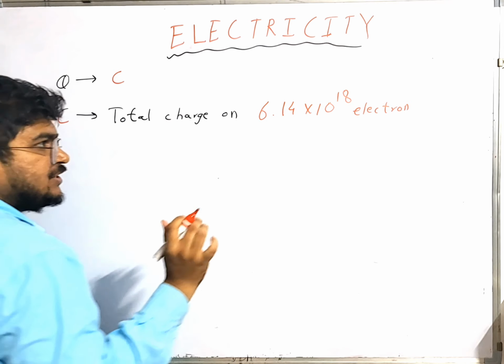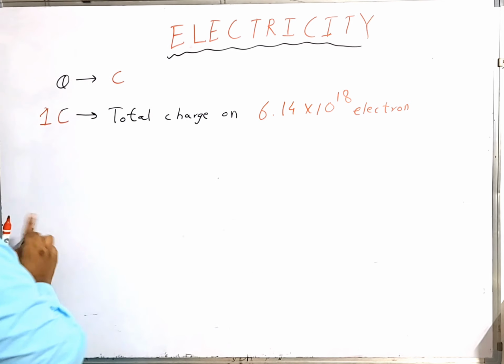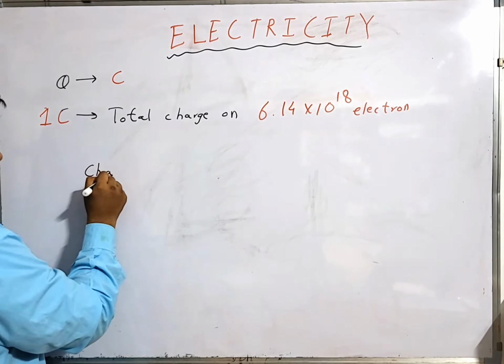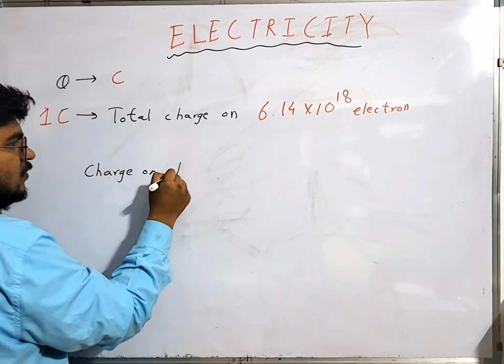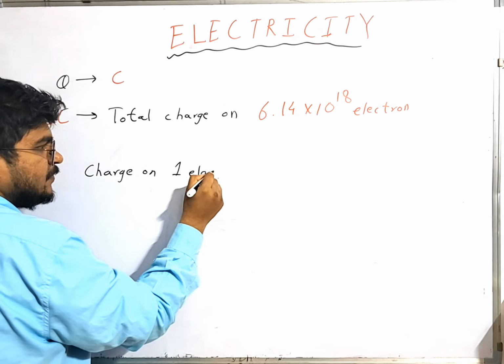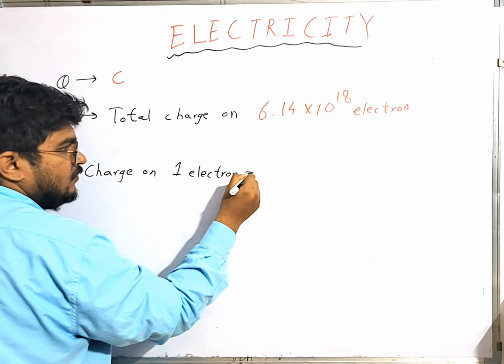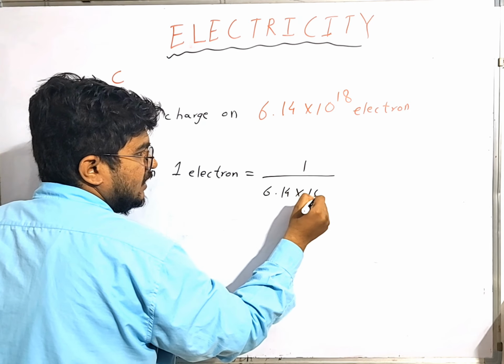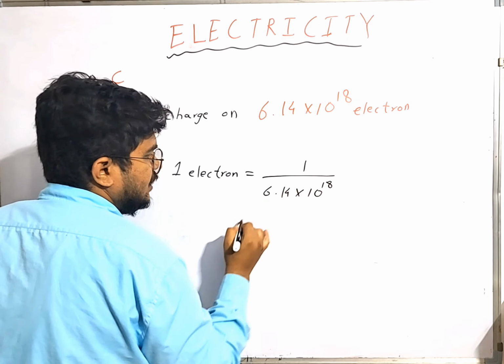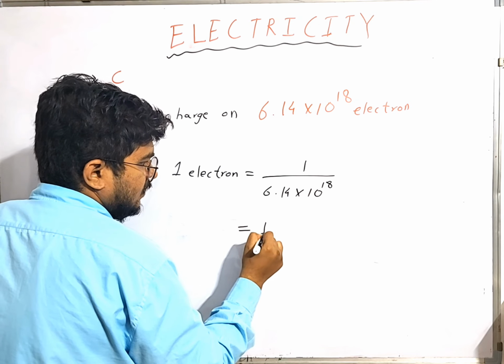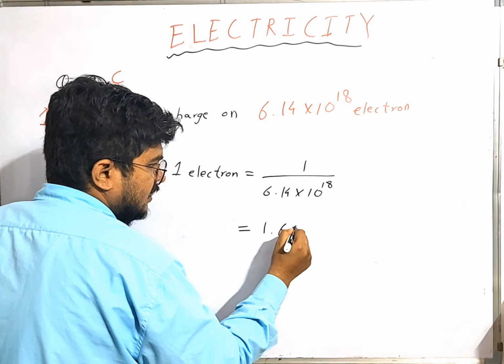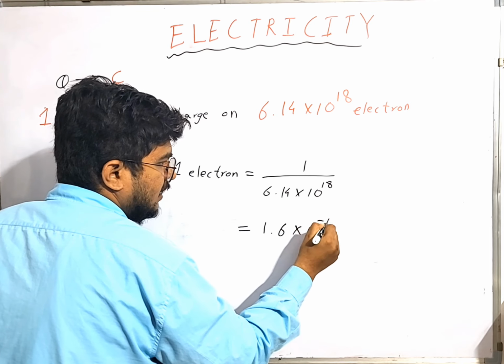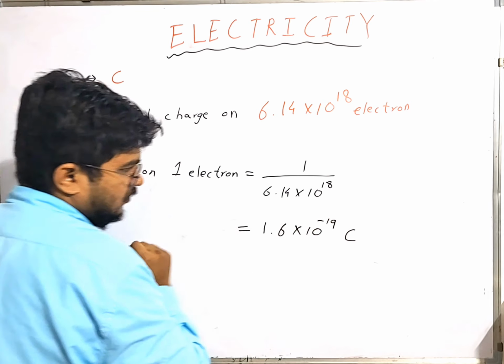Now, how much charge will be there on 1 electron? Charge on 1 electron will be 1 upon 6.14 into 10 raised to 18, which is 1.6 into 10 raised to minus 19 coulombs.